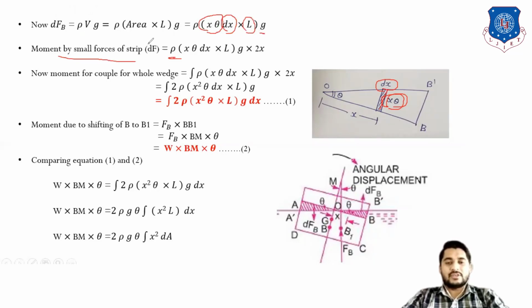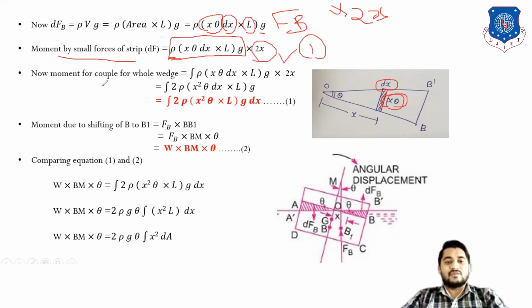So for this strip, the area will be x theta height into dx length, into L into g. Clear? So the moment by one small force is this value of dFB. Remember, students, our equation is dFB into 2x. This is due to one force only, but we have to find the moment due to the whole wedge. So the moment due to the whole wedge is the integration of this moment.